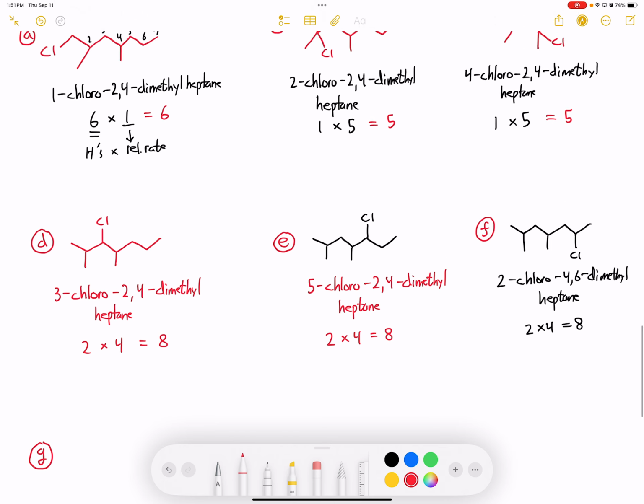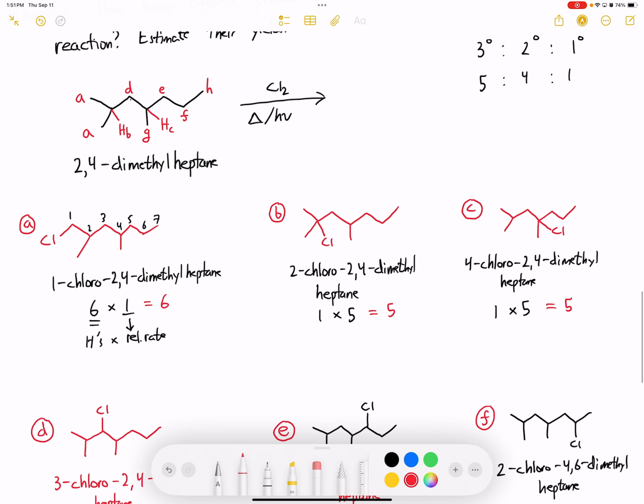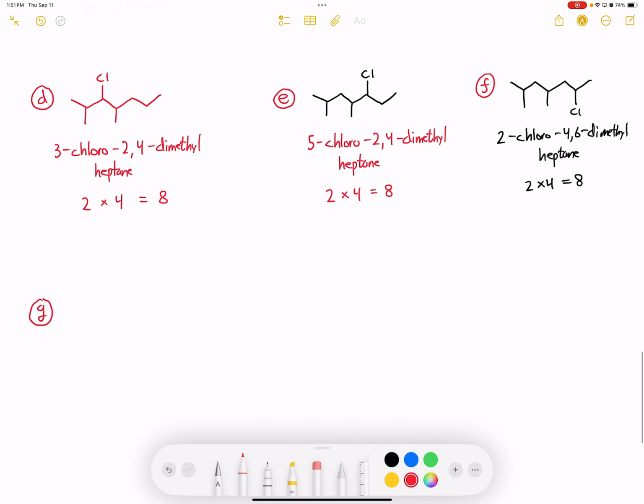Okay, so G in this case is going to be that central one right there. So let's draw that. All right, for G, we got this guy. All right, so draw the heptane, and this is where the chlorine now will attach.